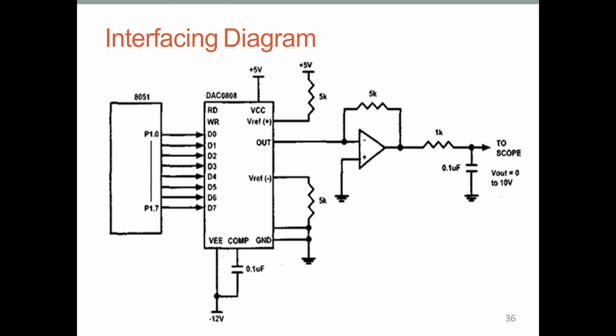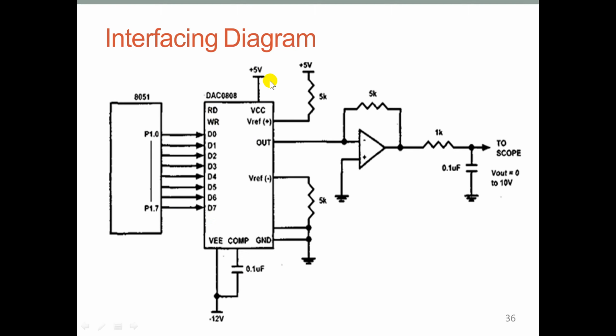Next, the interfacing diagram of the DAC with the microcontroller. This is the 8051 microcontroller, and this is the DAC. We connect pins 1.0 to 1.7 to DAC D0 to D7. This is read write.